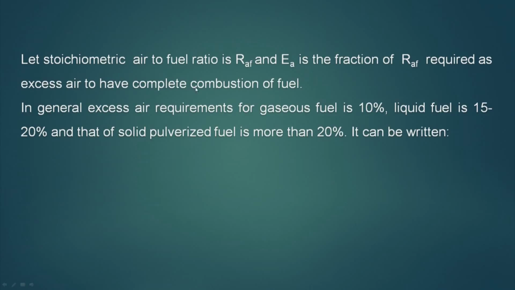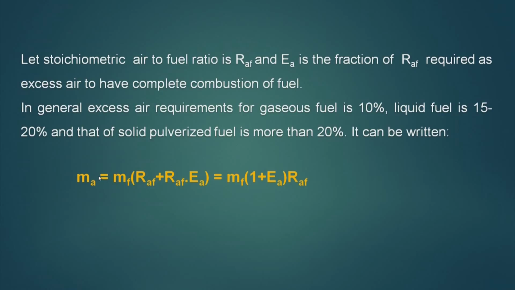So, if I include these two terms, I can write down the actual mass of air which will be required after including the excess air: MF RAF plus MF RAF into EA, which is the extra fraction of the RAF required to have complete combustion based on this percentage.